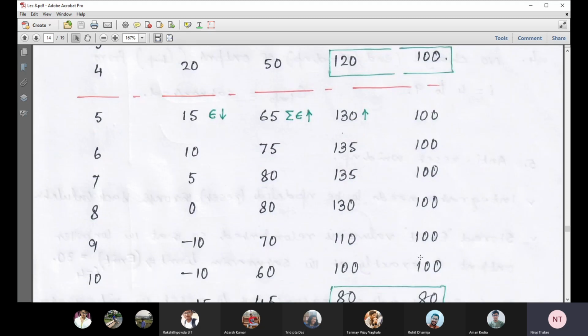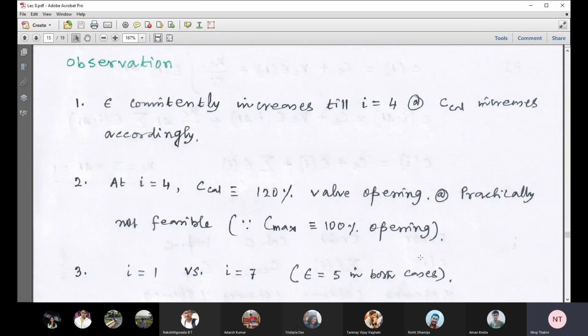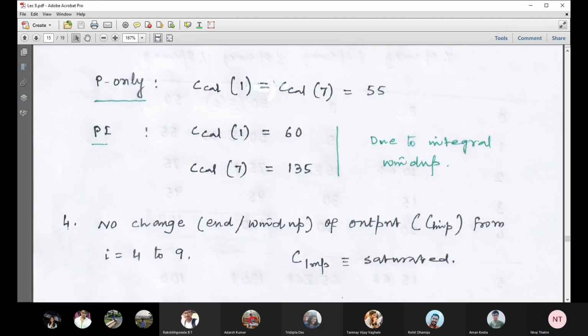Based on this data, we have noted our observations till this point, yesterday.